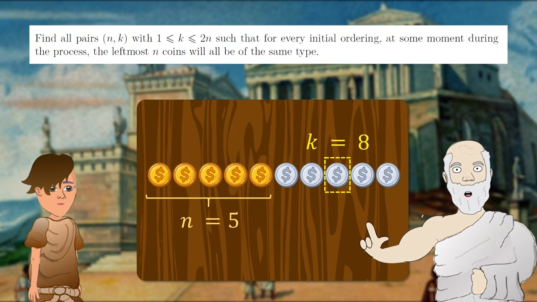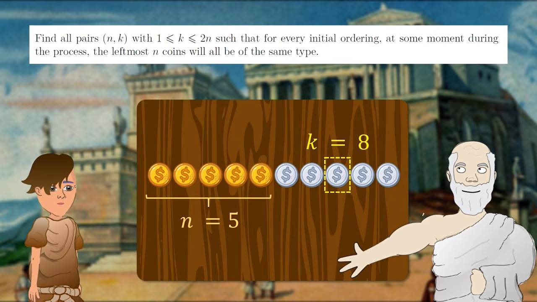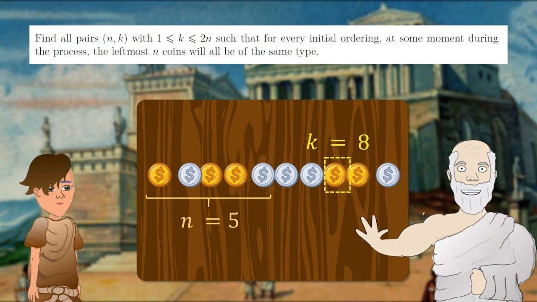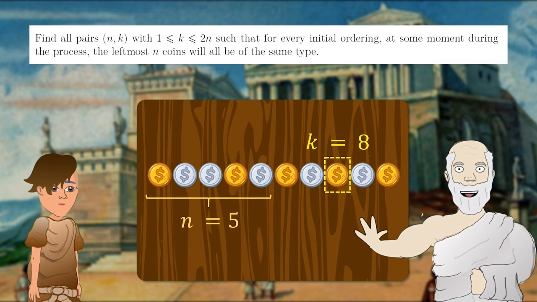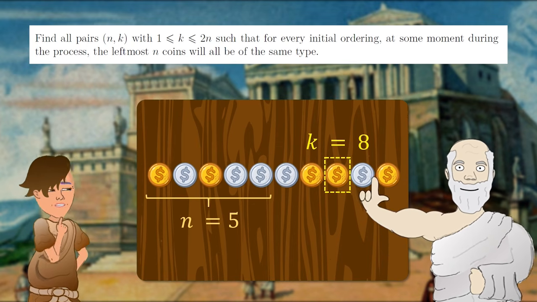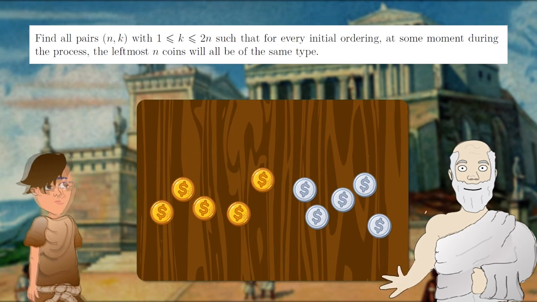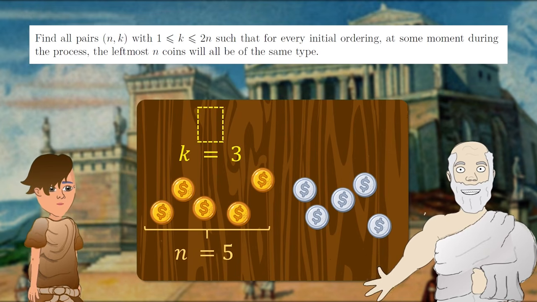And we must find all pairs n and k for which the leftmost n coins will all have the same type for any initial ordering of coins. I'm confused. Okay, let's take another example, say n equals 5 and k equals 3.